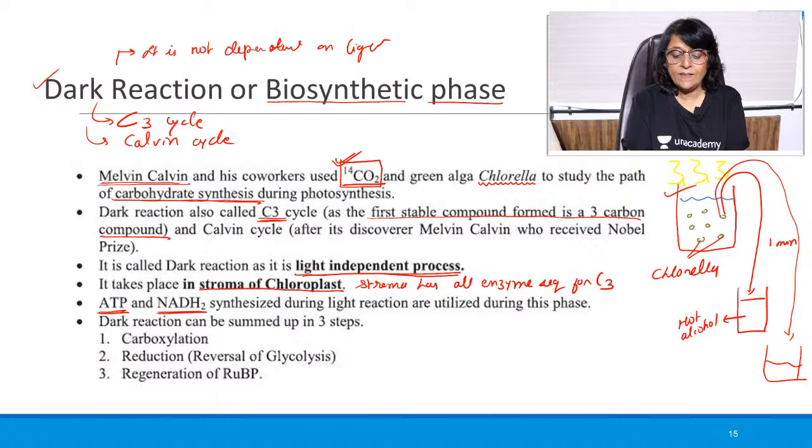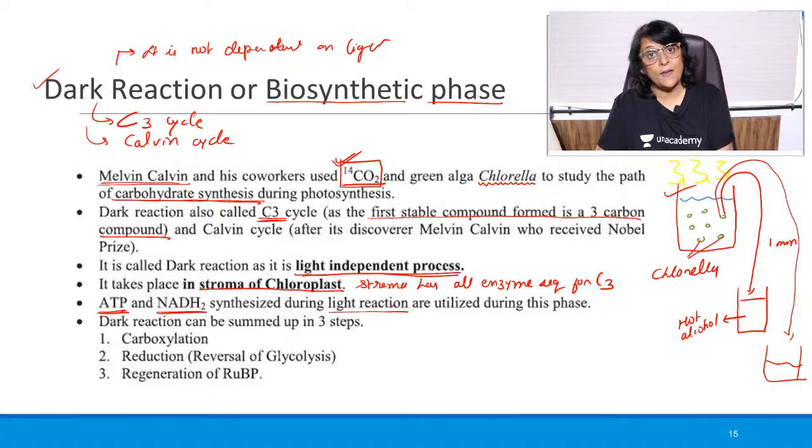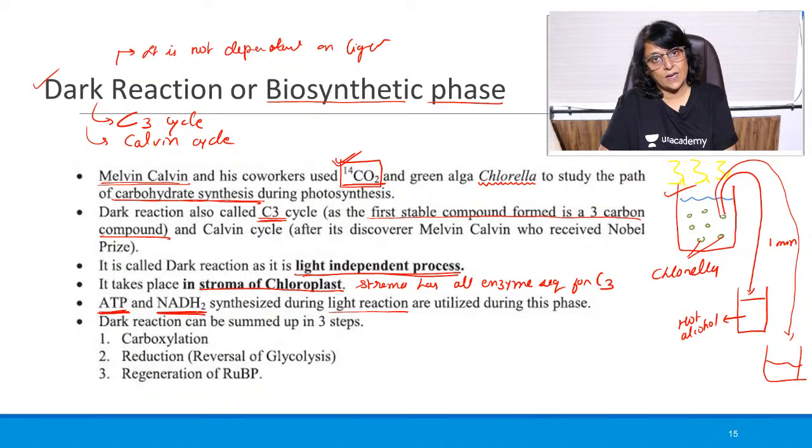ATP and the reducing power which are synthesized during light reaction are utilized in this particular phase, and that is why we said that in light reaction non-cyclic photophosphorylation is the major pathway, because for dark reaction to take place, both things are required. ATP is also required and NADPH2 is also required.